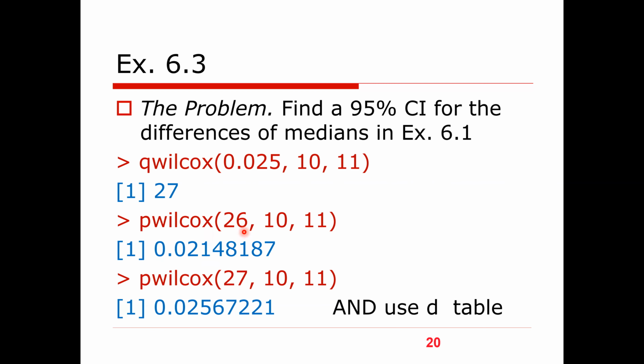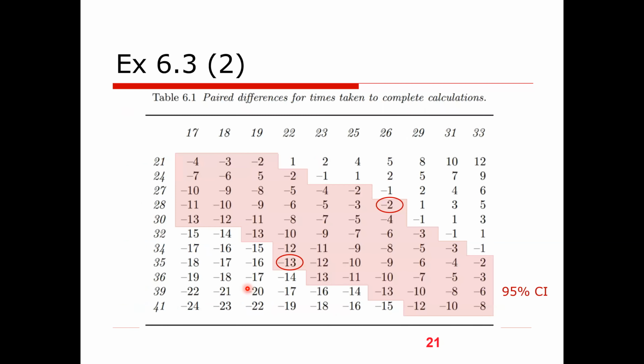So when the 26th Dij makes the p-value still smaller than 0.025, but for 27th, it's just above 0.025. So 27 should be the first order of difference Dij we include into the confidence interval.